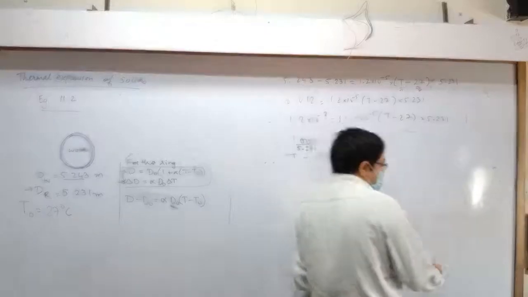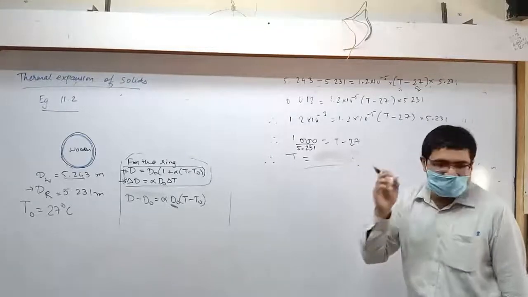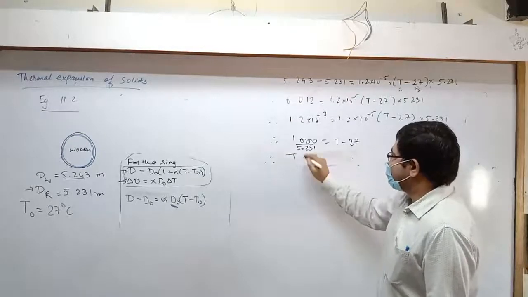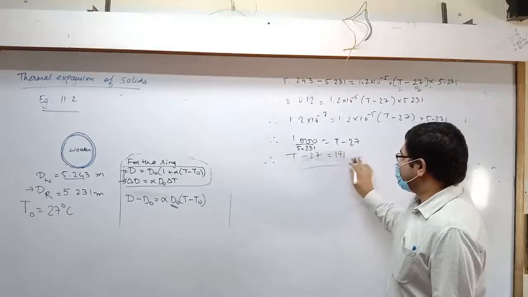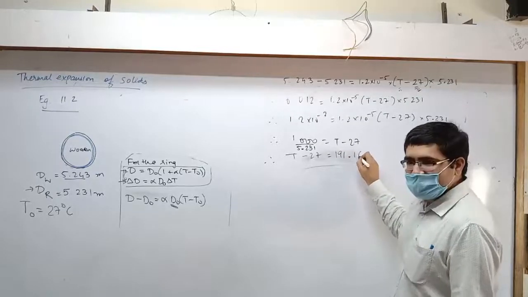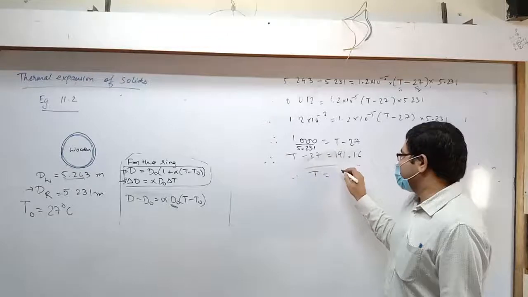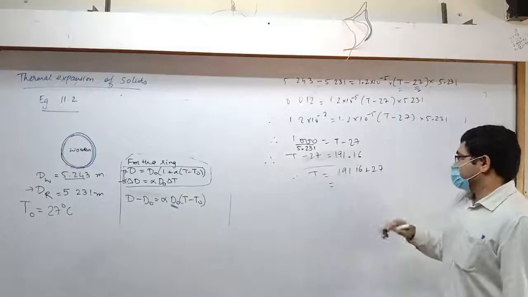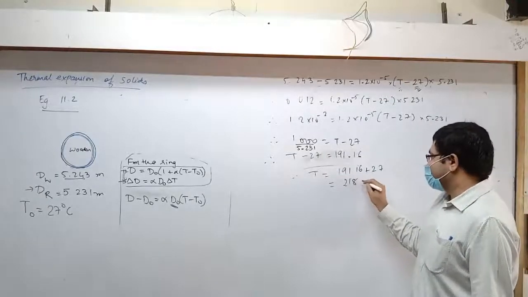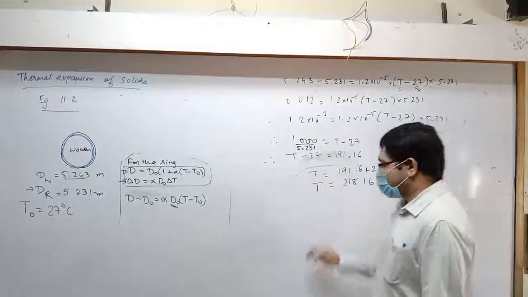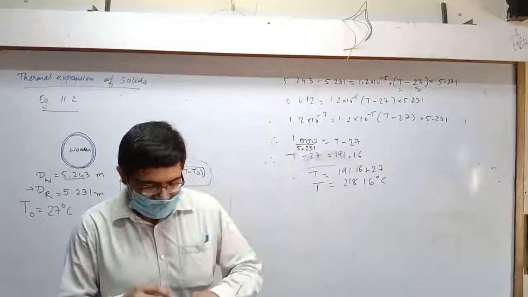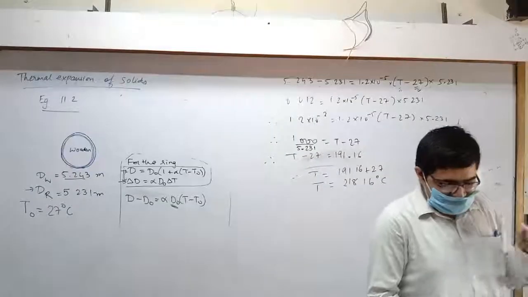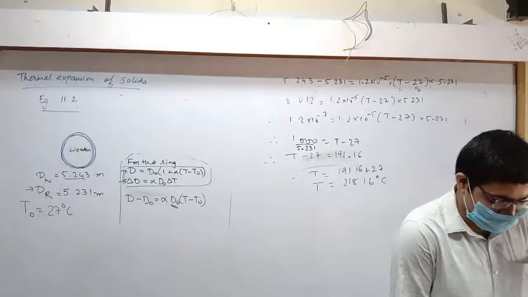So what do we get? What is 1000 upon 5.231? 191.16. Okay, and ultimately T equal to 191.16 plus 27, which is 218.16 degrees. Okay, so that is it. Fine. Continue with it later.